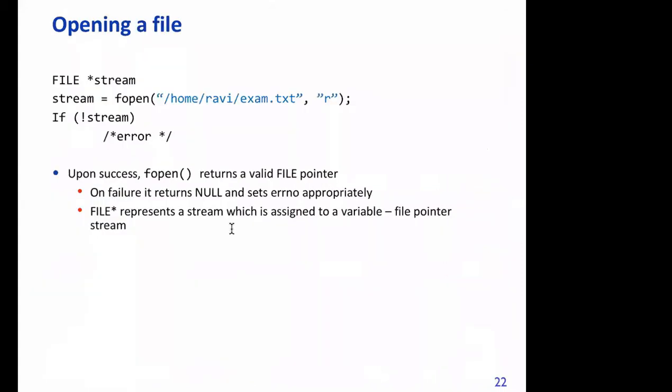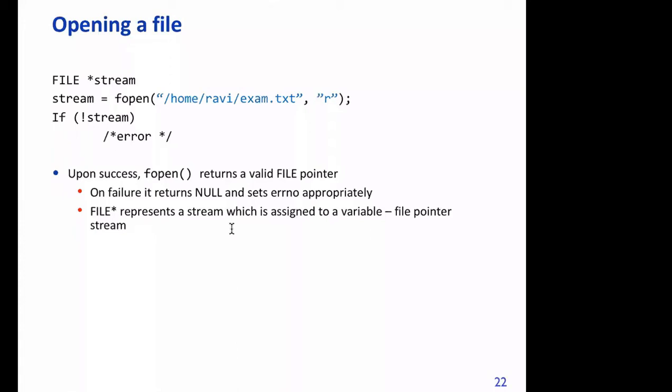Opening a file is something like this: first we have to define a stream of type FILE. It's basically a new typedef, and then we say stream is equal to fopen. Like a file descriptor, it's a file pointer here, that's what we call it. fopen takes the path or the file name and the read mode.